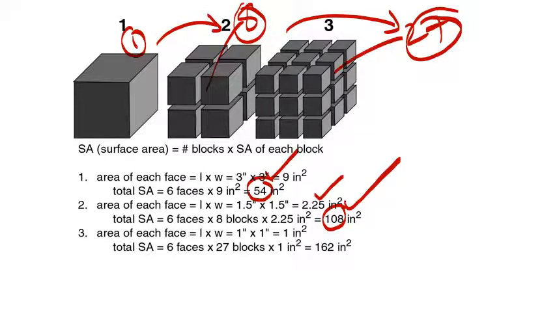But since you are having 8 blocks now, the total is this 2.25 times 8, so you get 108 inches square. It is double the first.